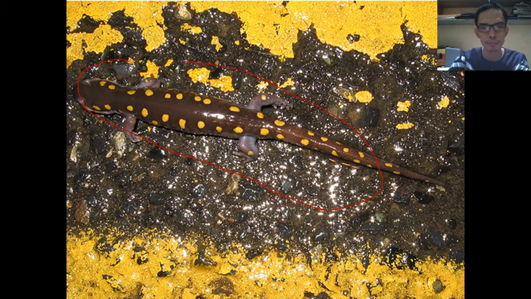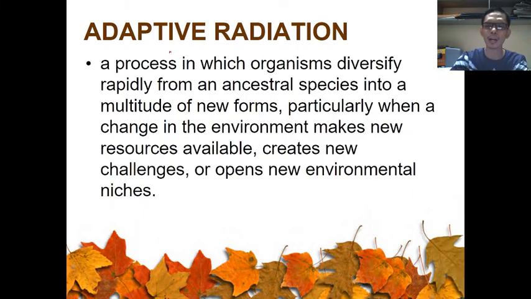Next one. When the organism adapts, their body tends to mutate, and their structures tend to change. When the structure changes, they become a new organism. They are not anymore similar to their ancestral organism.